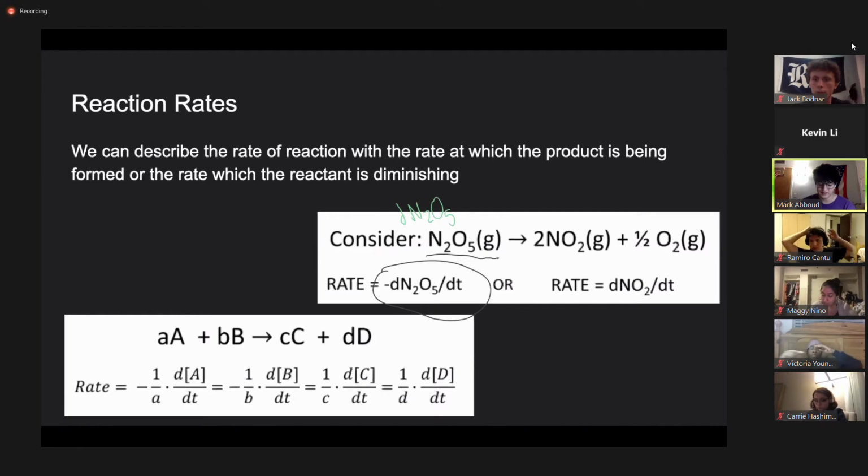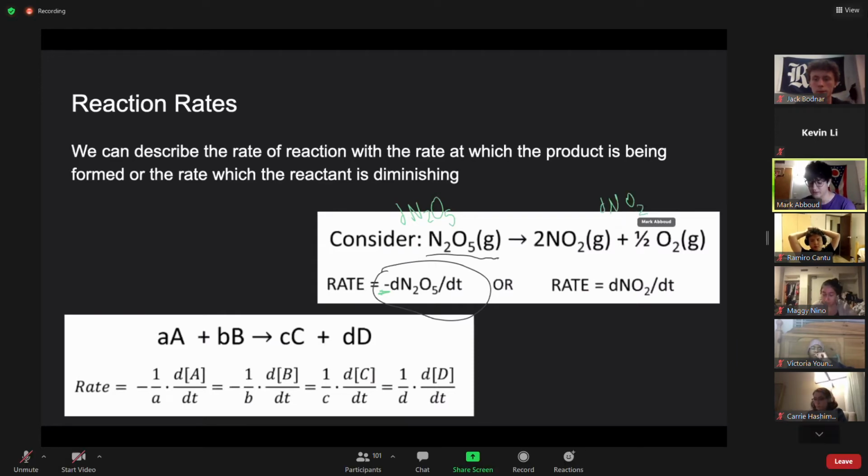Since that's going to be a negative number, we want to add another negative in front of it to switch it back to a positive number, because we're describing how fast the products are being formed. And like I said, that can be done in terms of the reactant or the product. If we're talking about the change in concentration of the products, d[NO2] is going to be a positive number because the products are gaining in concentration. So we don't need to add a negative sign in front to flip it.